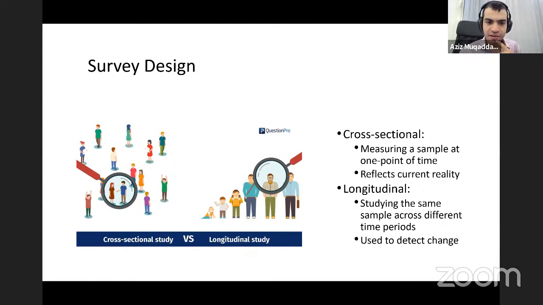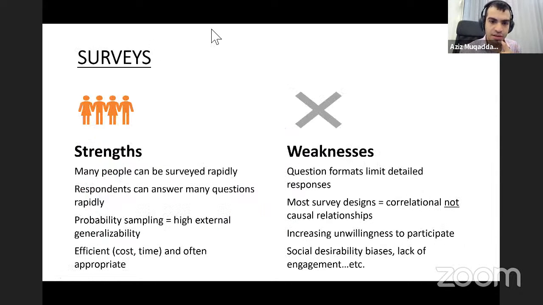That's one of the most common occasions for longitudinal research.